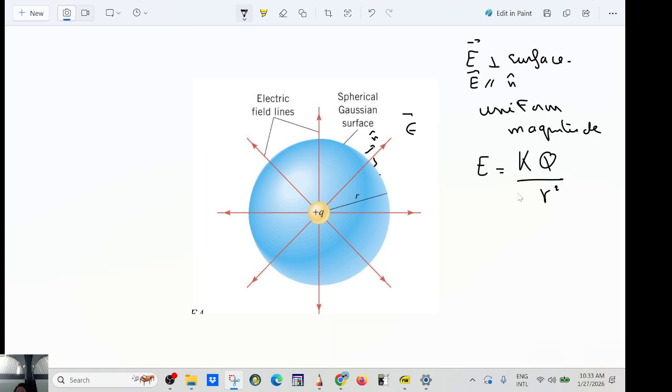Okay, so we're going to see what's going to happen. Do the computation. See what happens if you multiply E by this invisible spherical bag. You take an invisible spherical bag, a sphere, a surface. What's going to happen if you multiply E by the area? So try to do that.